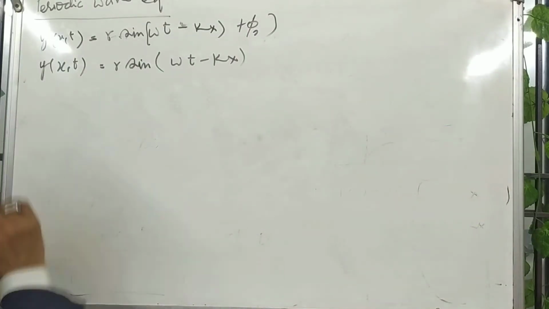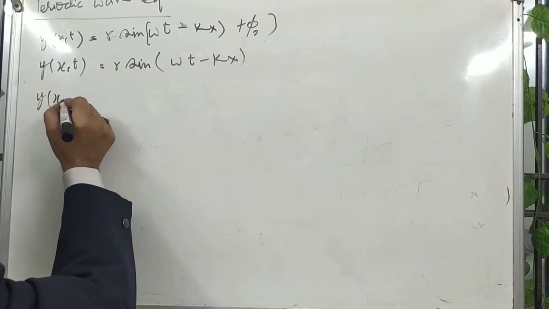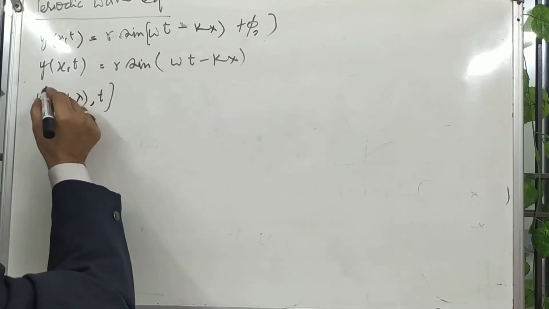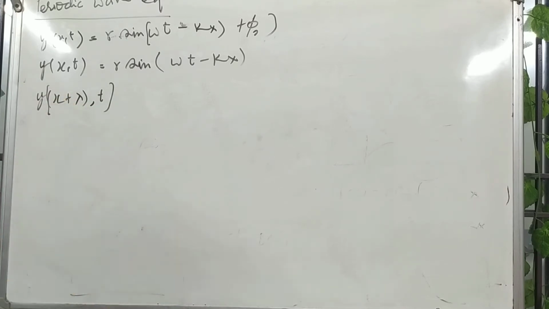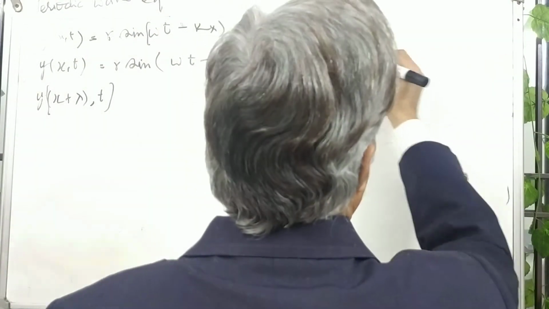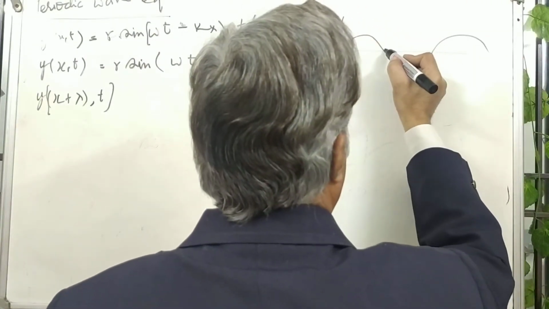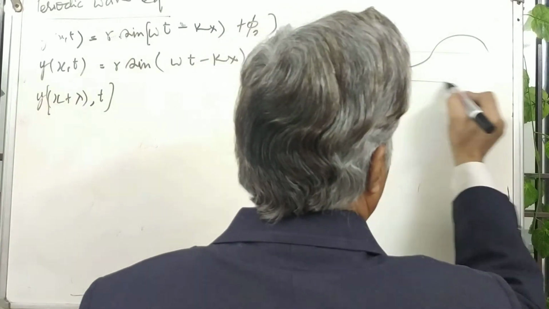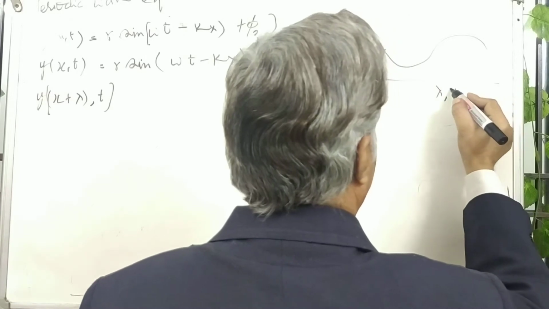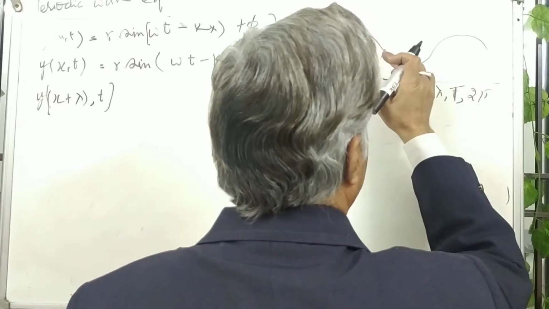So in this case, y(x,t), if the distance is x plus λ, suppose after wavelength λ, by time T, and by phase difference 2π, the same phase is reached.